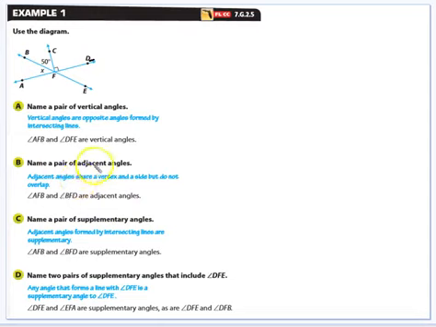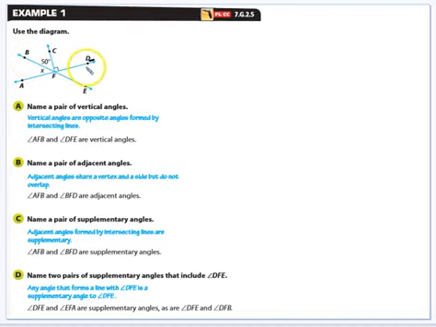Name a pair of adjacent angles. So there's a good amount here. AFB and BFD. They share F, which is the vertex, and they share this line right here.